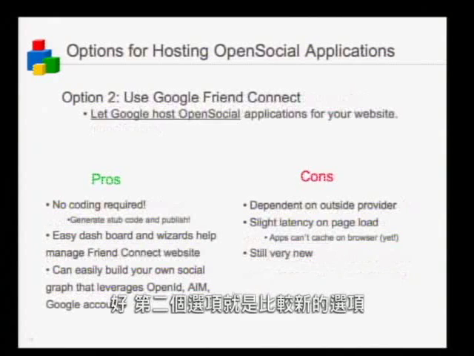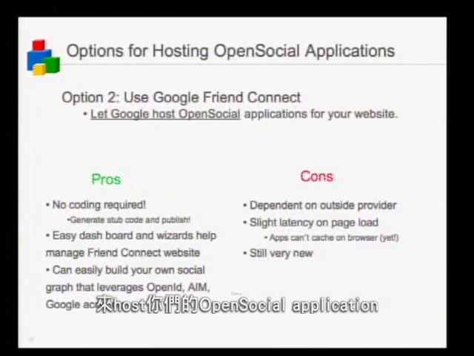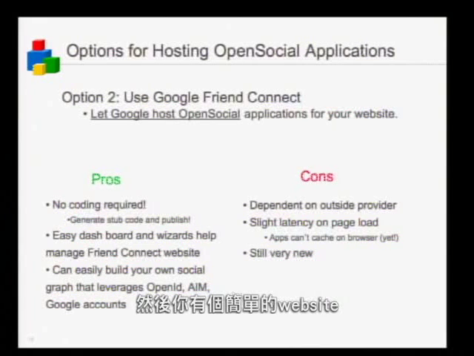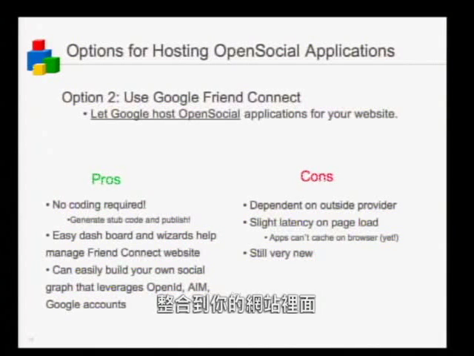Okay. Option 2. This is actually a fairly new option, and it's a very simple option. You can use Google to host your own OpenSocial applications for your own website. It's meant for people who are just a blogger or someone who has a very simple website, but they want to take advantage of the benefits of OpenSocial and integrate it very easily into their website.